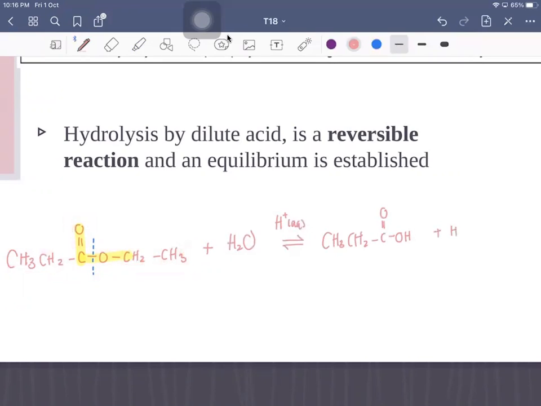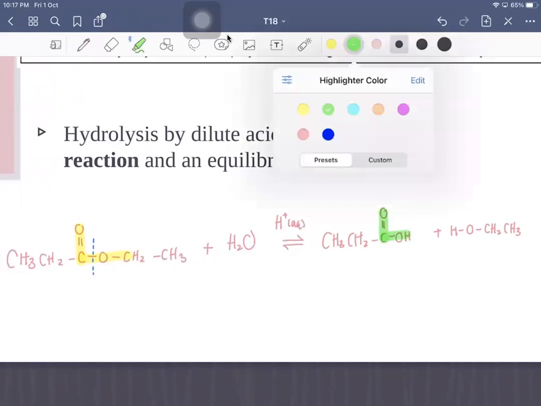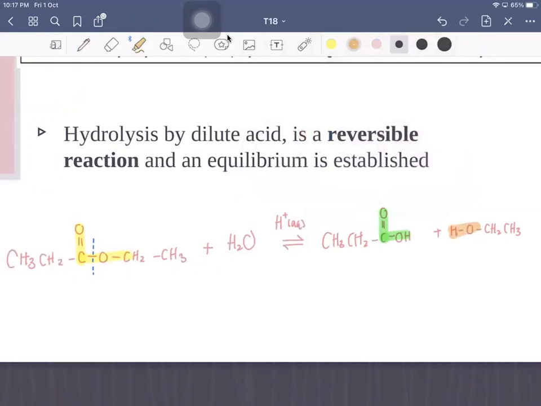plus HOCH2CH3. So the hydrolysis of esters results in the formation of two new functional groups, which are COOH and OH, which is an alcohol.